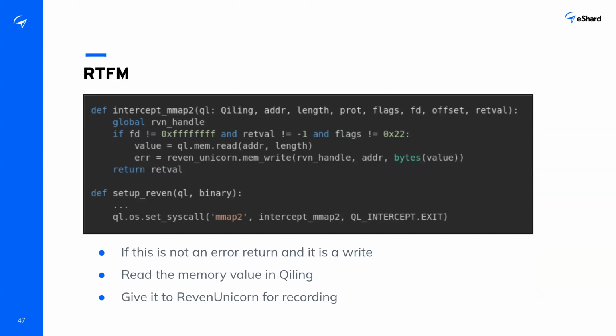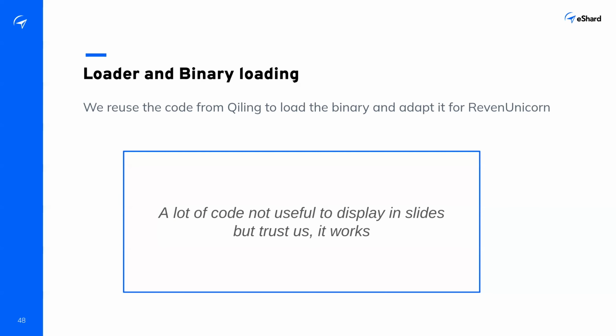Quite easy. And for the loading of the binary itself and the loader, we just had a look at the code of Qiling and readapted it for Revenue Unicorn by essentially adding this memory recording. A lot of code, but trust me, it works.